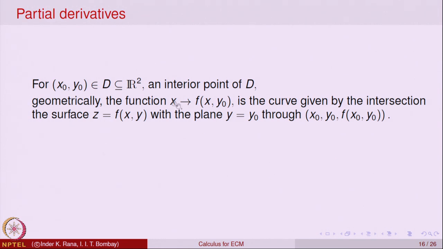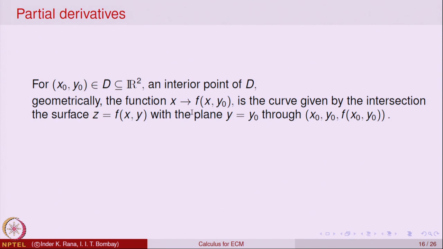So, visualize there is a surface, the graph is a surface, and you fix y naught and vary x. You are actually moving along a line in the domain, x is varying, y naught is fixed, and you are looking at the values of the function at that height, where the plane cuts the surface.